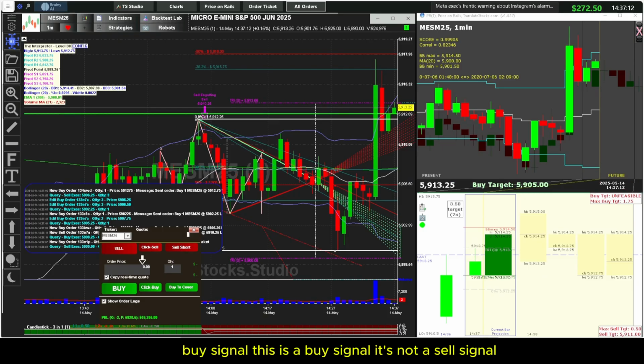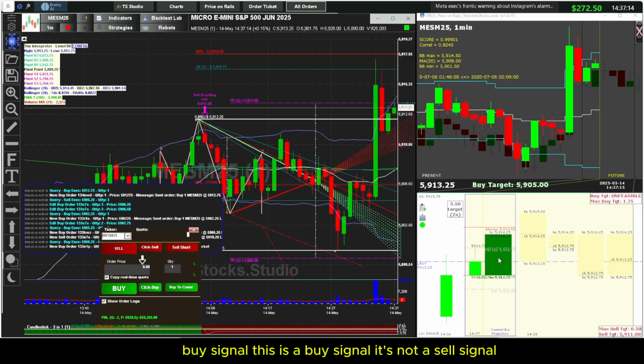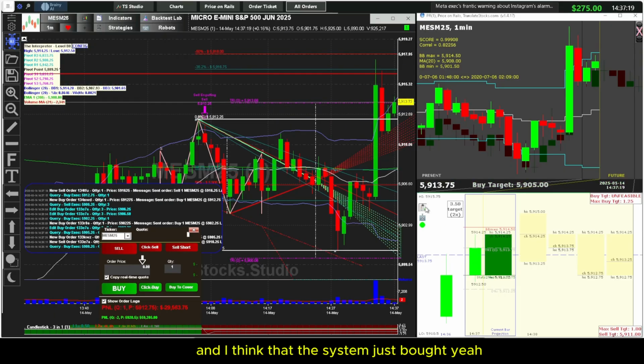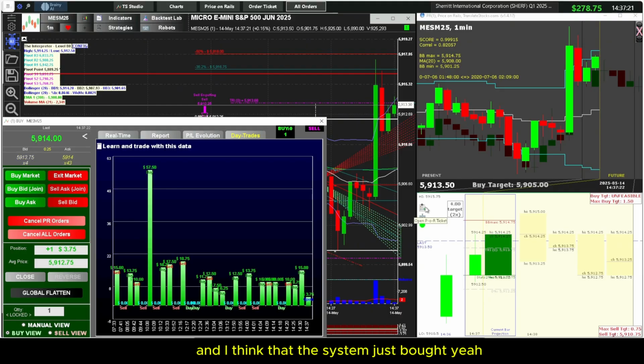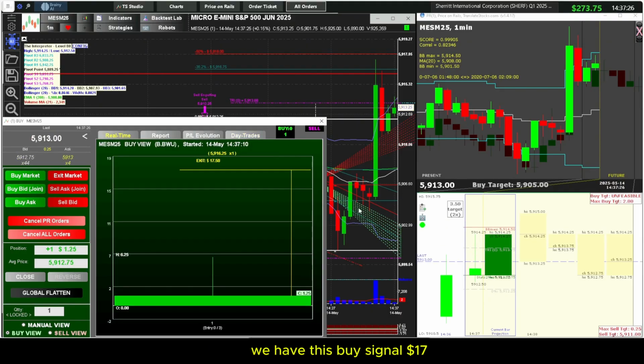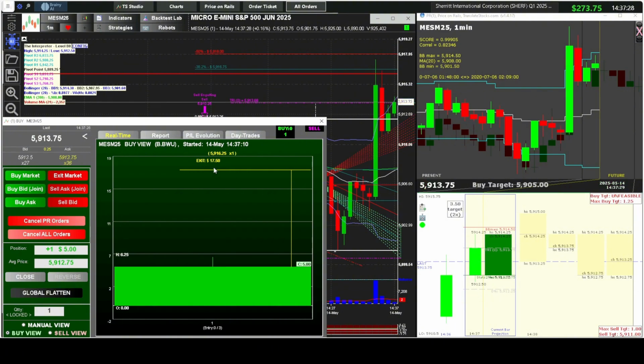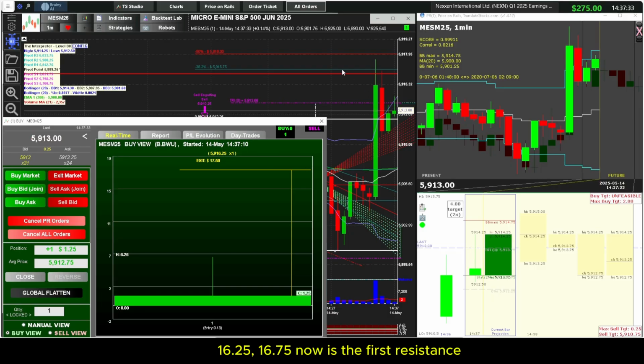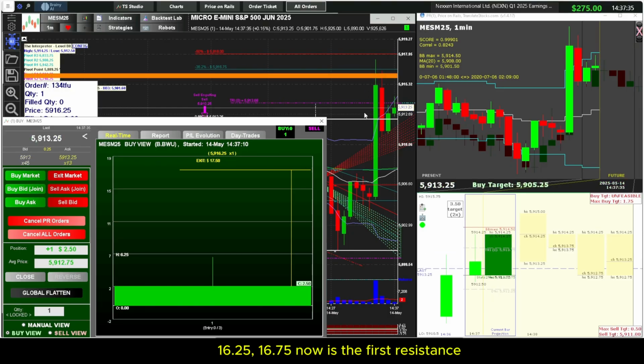Buy signal. This is a buy signal. It's not a sell signal, it's a buy signal. And I think that the system just bought. Yeah. We have this buy signal, $17, 16.25, 16.75 now is the first resistance.